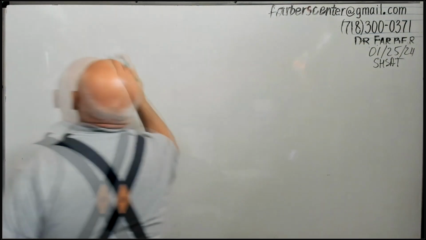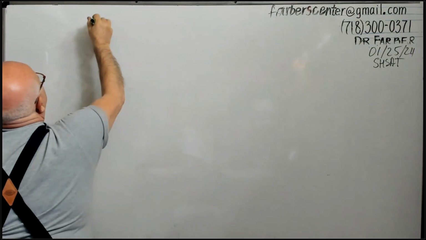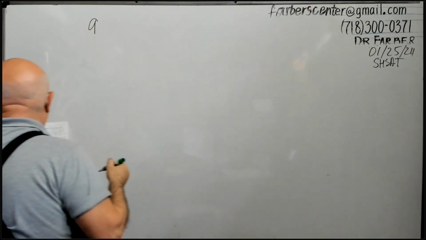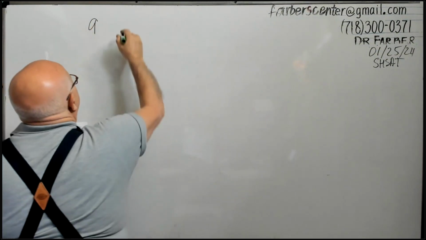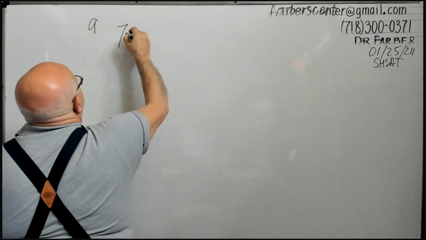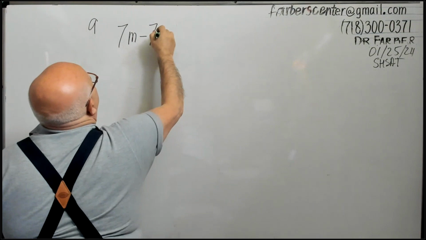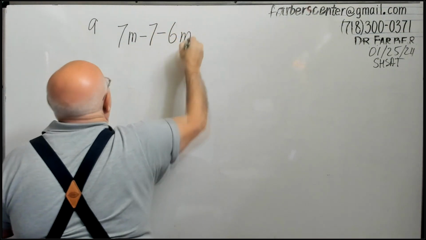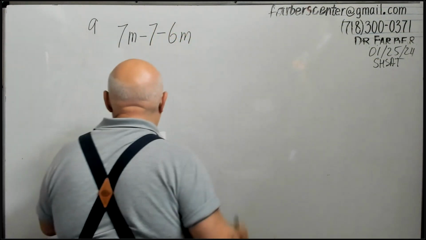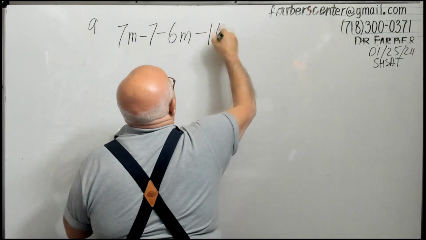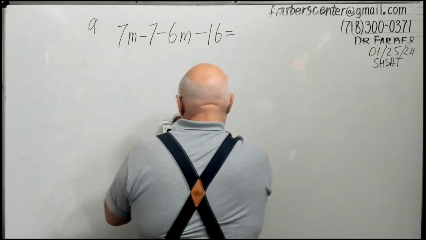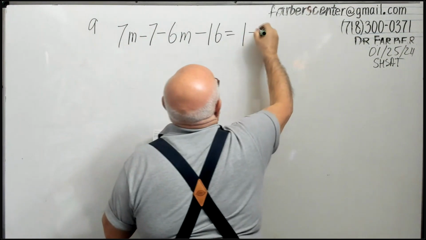The equations we cover right now are just linear equations. 7m minus 7 minus 6m minus 16 equals 1 plus 4m.